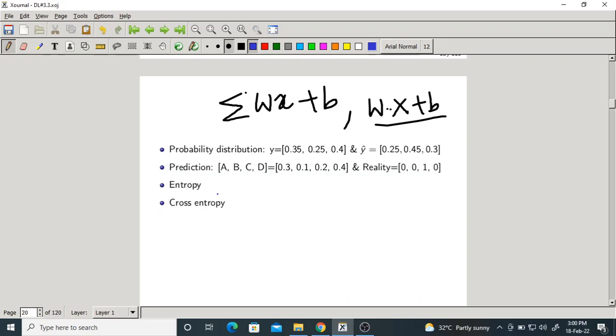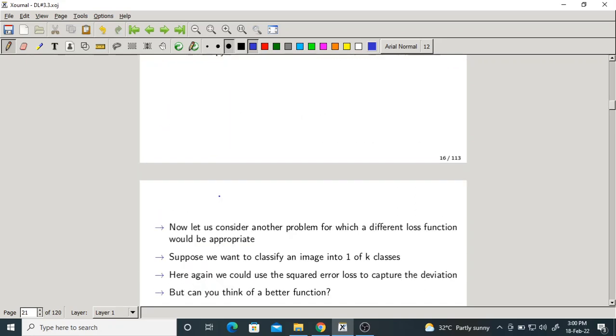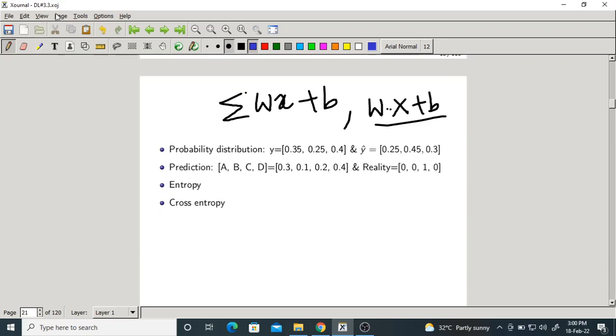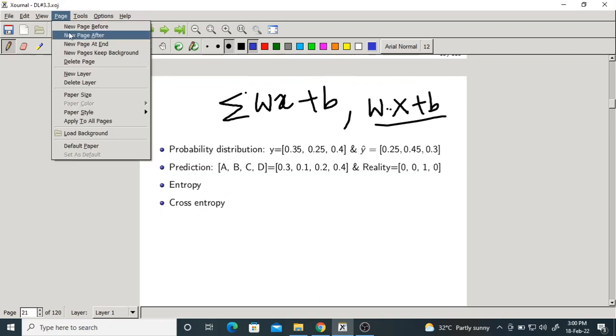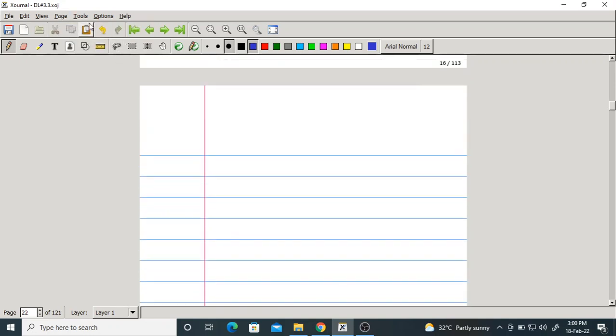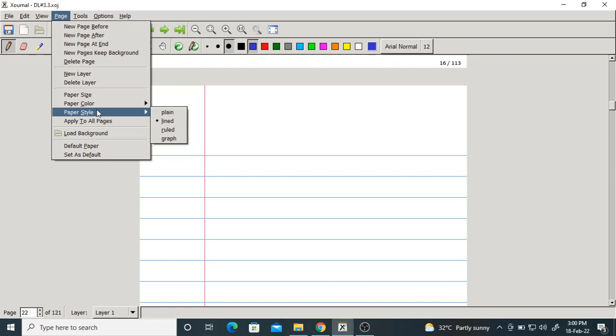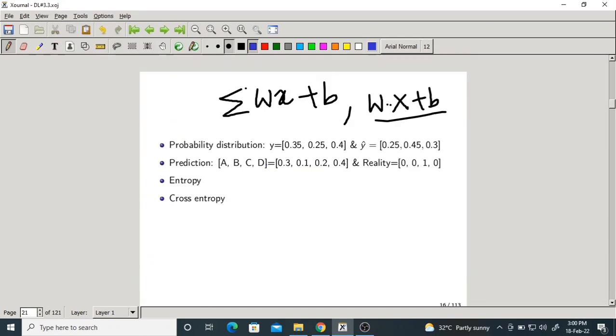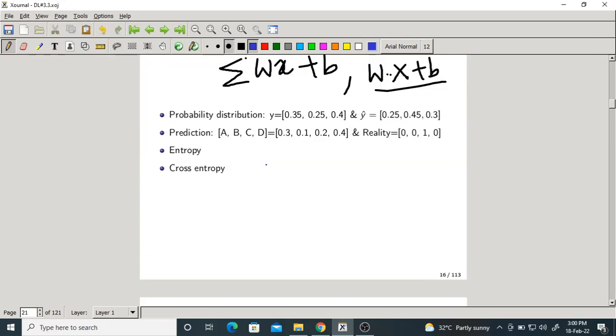Now let us take one more example, and let us go with distributions. Suppose we have an experiment of choosing a ball from an urn.